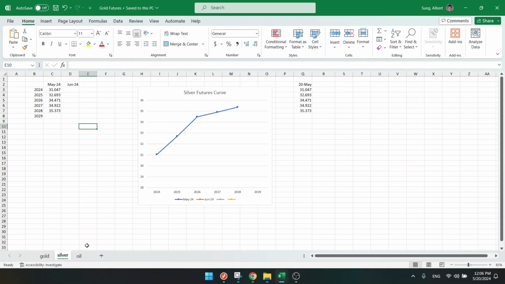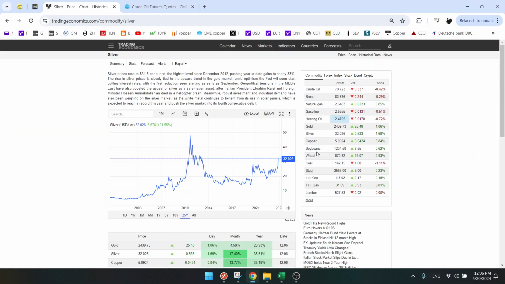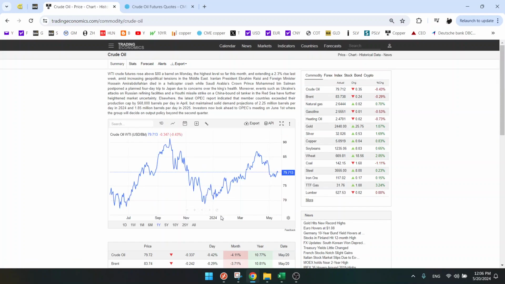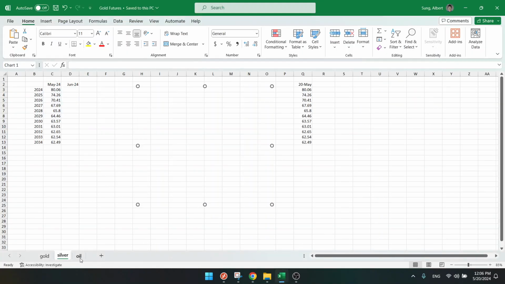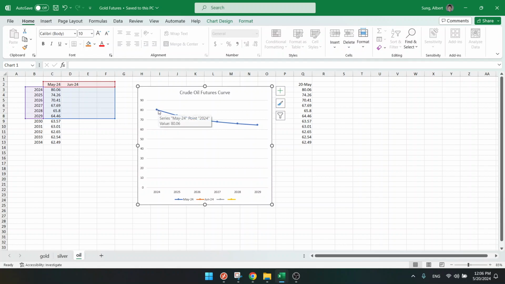Now there is also oil, and people are very bullish on oil. I am not bullish on oil. I think oil is going nowhere, and we can already see that from the futures curve. So the futures curve for oil is like this, and it's basically in backwardation, and we are going to expect oil to go down to around 70.